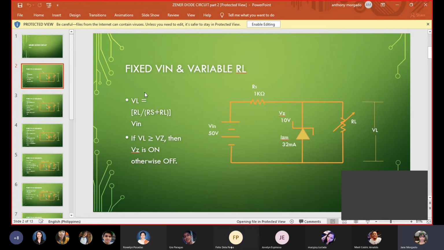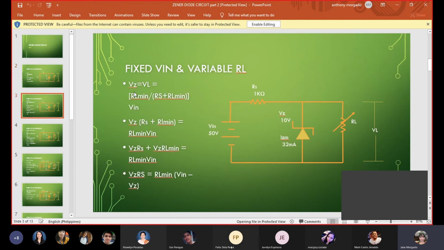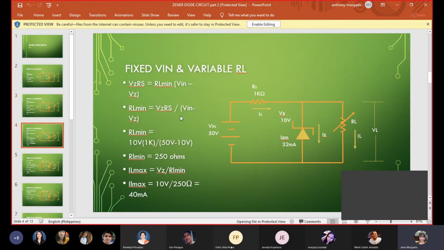So we're actually using the same voltage divider principle. Ang VL mo dito dapat equal sa VZ para sure tayo na on si Zener. Okay? Ito yung hindi ko na-discuss.